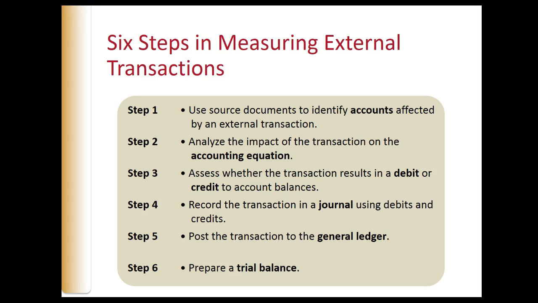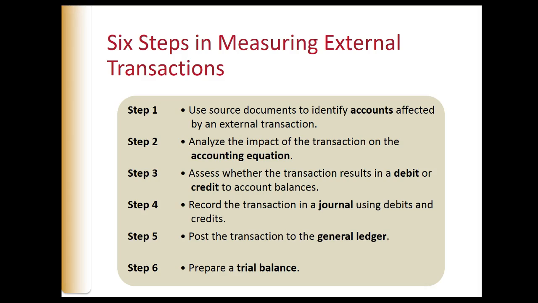Step 1 is we're going to use source documents to identify accounts affected by an external transaction. Source documents could be a bill, it could be a check, but it's some piece of paper that allows us to identify what's going on. Step 2 is analyzing the impact on the transaction through the accounting equation.